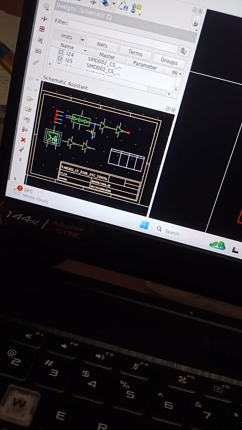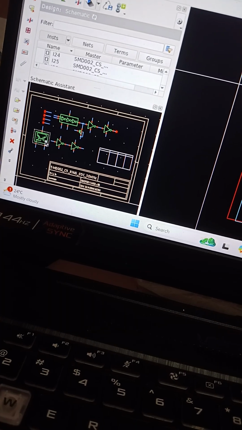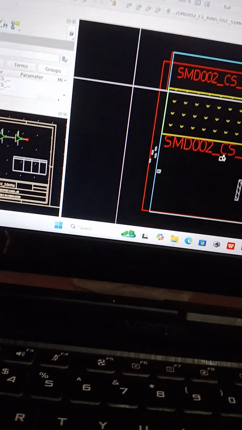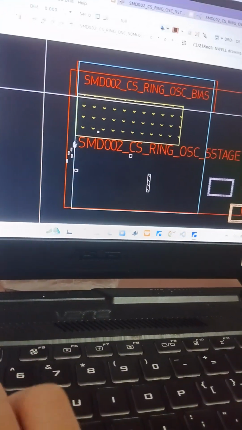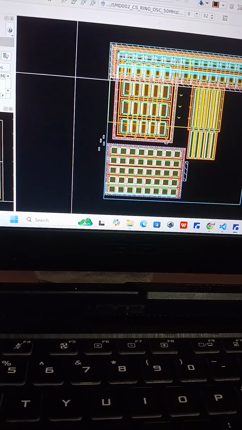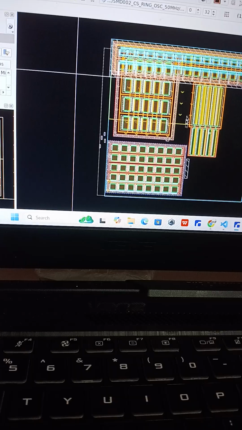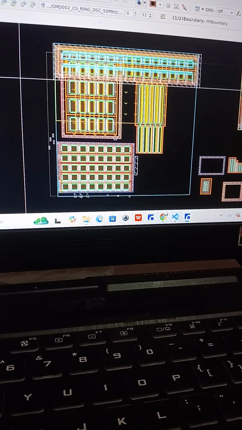And this is the biasing devices to bias the circuit, right? And this is actually the unfinished layout. So I'm doing what we call the floor plan. I want to fit it inside this square, you can see the blue square here.